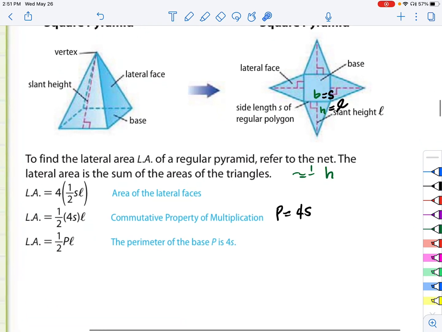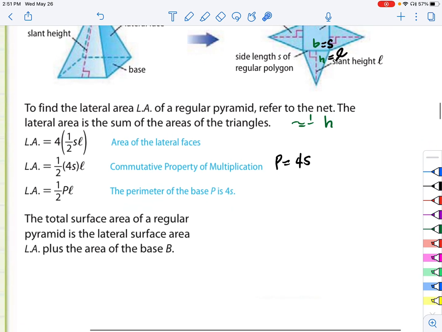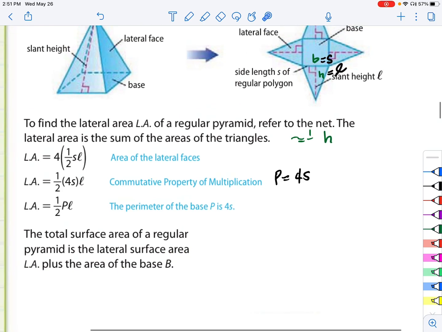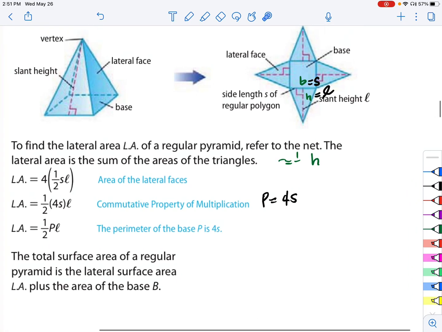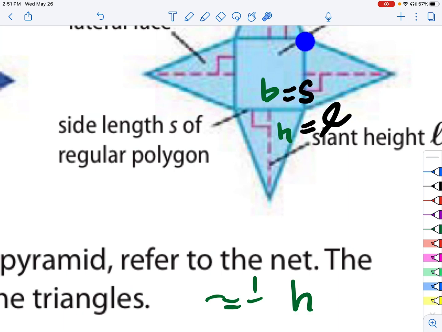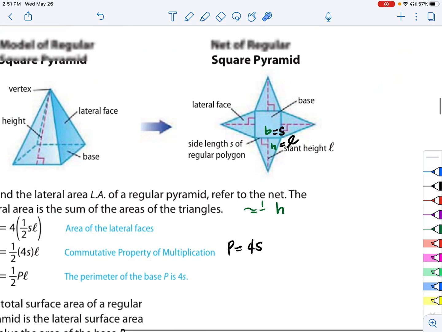And we go to the total surface area of the regular pyramid, which is the lateral surface area plus the area of the base. Remember, we only found the area of our lateral faces, the sum of the areas of our lateral faces. But if we want to find the total surface area, we need to add the area of our base.